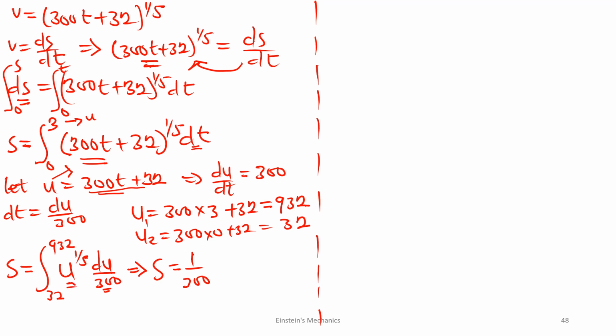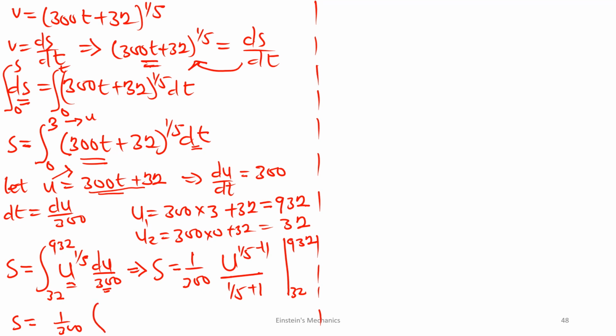This is going to be u to the power 1 on 5 plus 1. The integrals are having their limits. So this is 32 to 932. So x is going to be 1 on 300.